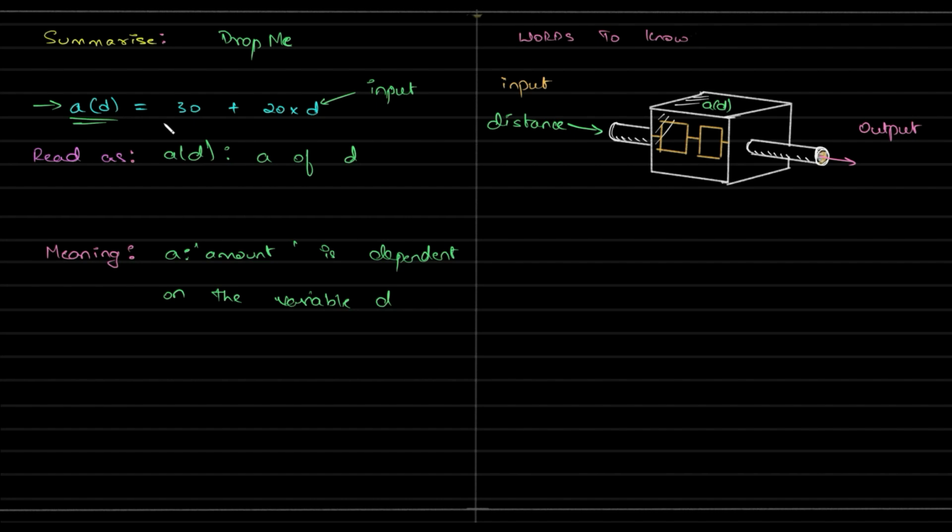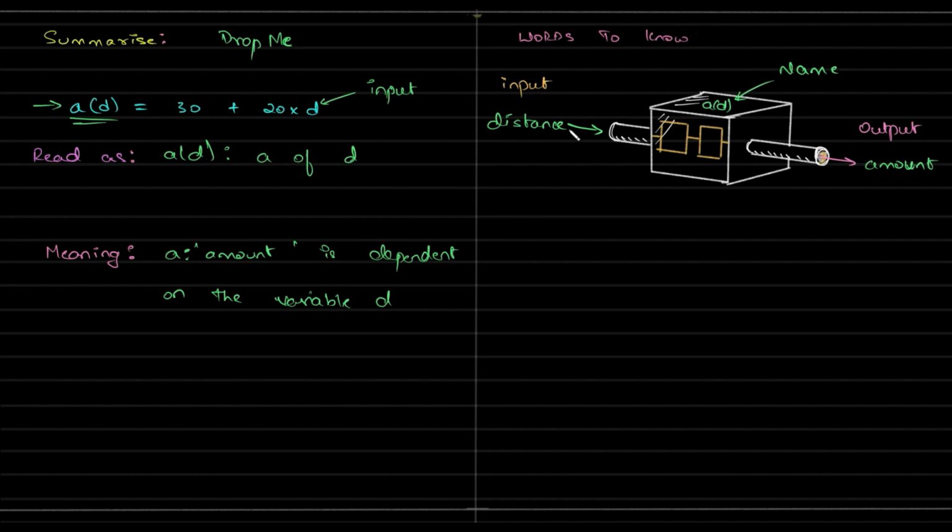In our case, the output is the amount, is it not? And the name of this machine is A of D, representing that it's dependent on D, right?